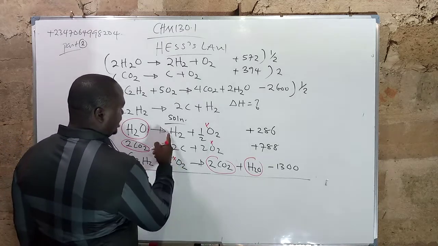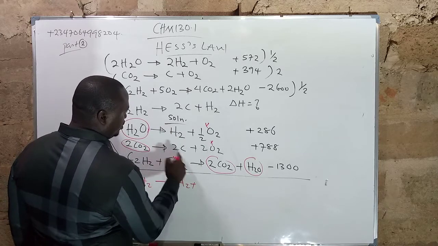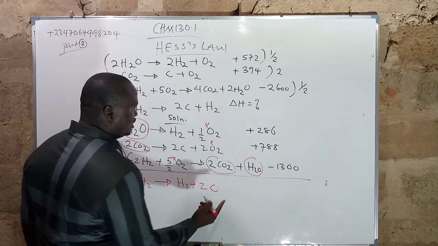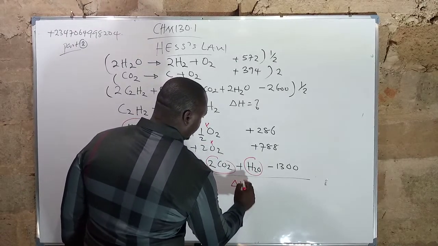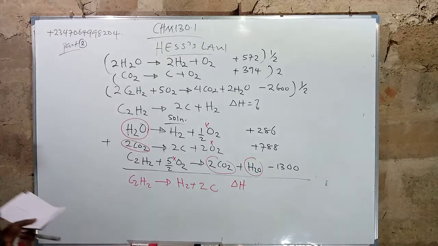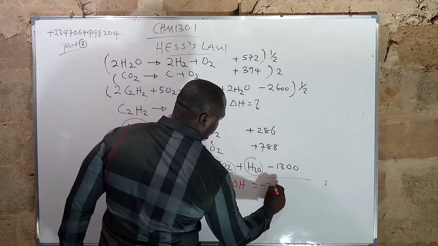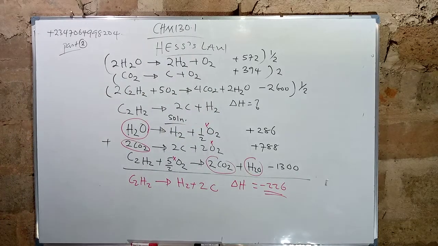At the product here, we have hydrogen 2 plus 2 carbon. That's all. All of this has cancelled. Then, of course, the delta H, plus everything exactly the way it is, and you'll be left with an answer of minus 226. So that is it. Like I said, this is so easy.